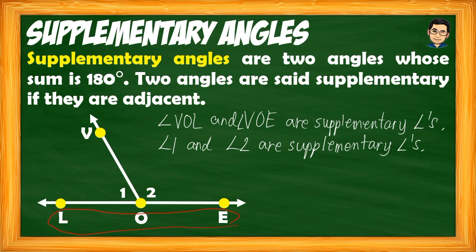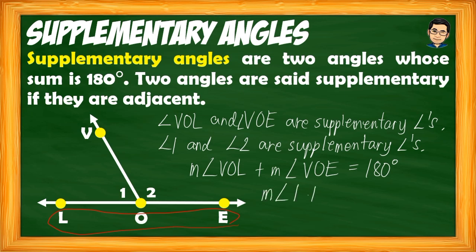Una, the measure of angle VOL plus the measure of angle VOE equals 180 degrees. Hindi po 90 degrees. Next, the measure of angle 1 plus the measure of angle 2 is equal to 180 degrees. Ayan po yung tamang way para ipakita po yung mathematical statement ng supplementary angles.